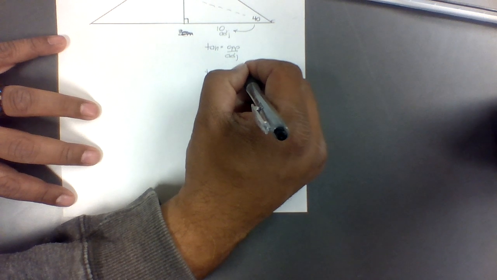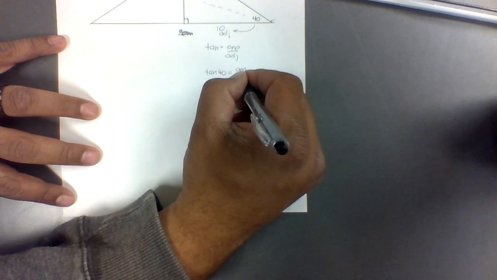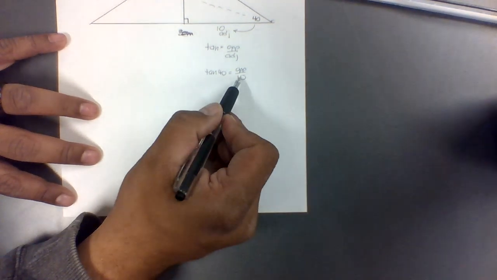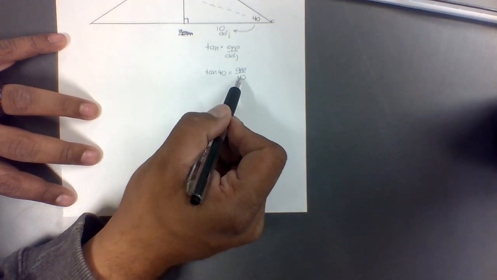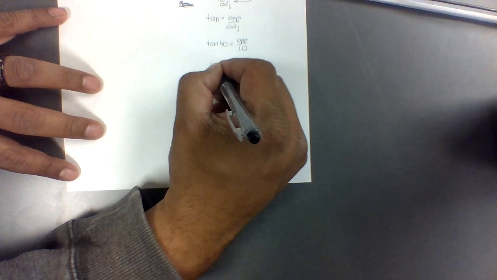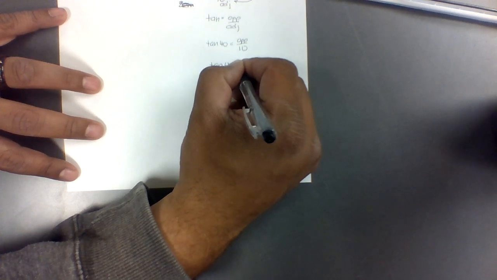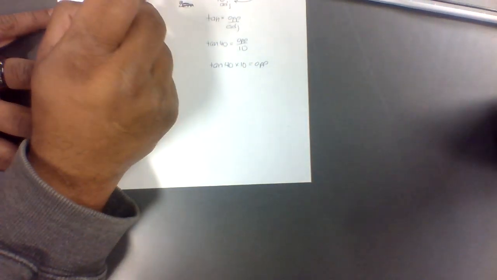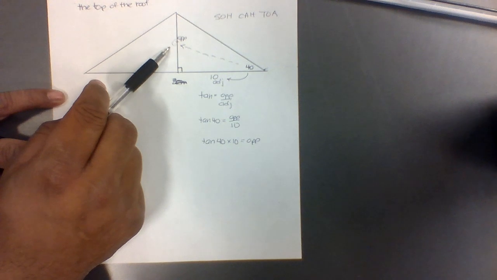I don't know the opposite, but I do know the adjacent at 10. Well, what do I do? Well, knowing that these two can work if you multiply together, I got to get it out of there. So then I go, the tangent of 40 times 10 is actually going to give me the value of the opposite side.